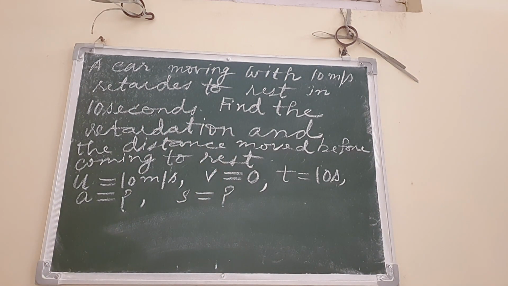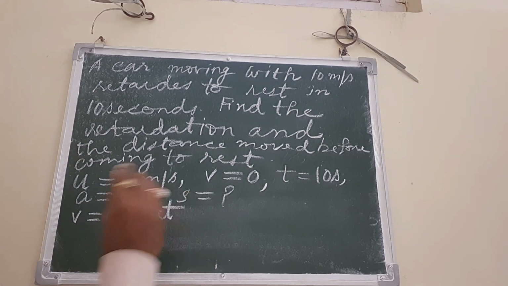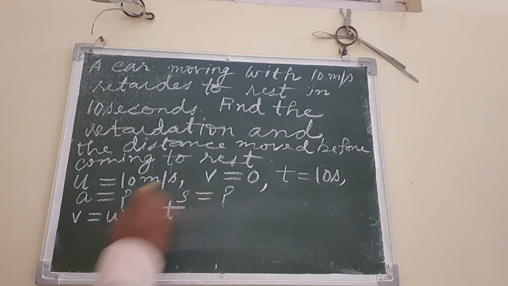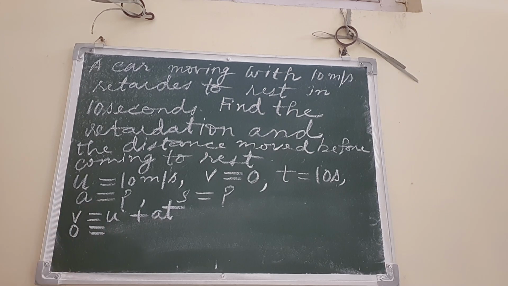So applying the first equation of motion, v is equal to u plus at. So v is 0 here because the car has come to rest. Initially it was moving with 10 meter per second, so it is 10 plus a into time, that is also 10 seconds.